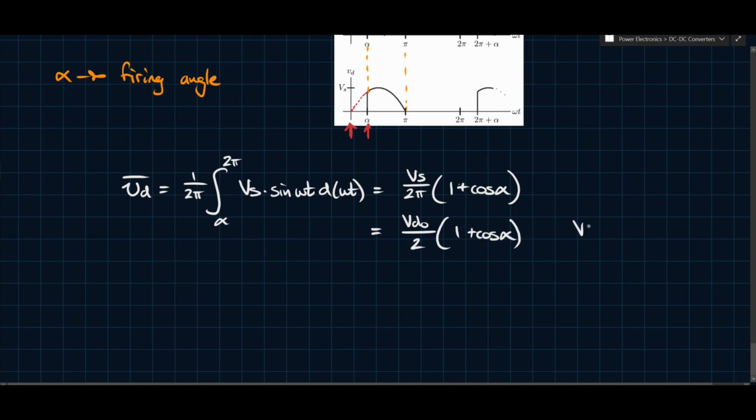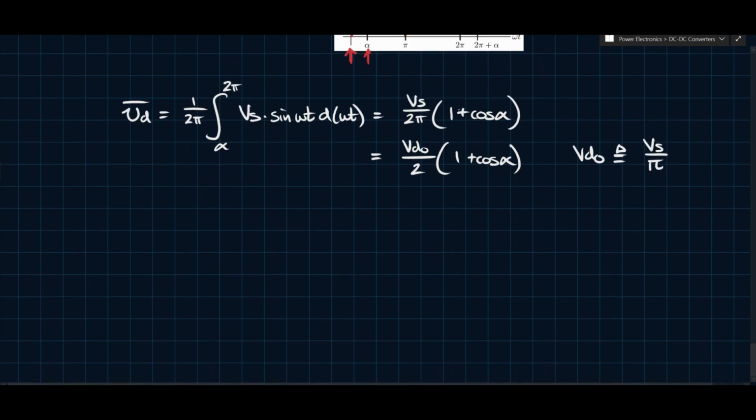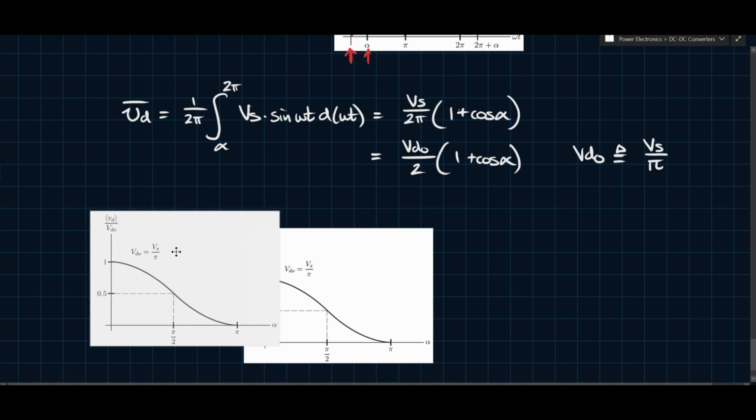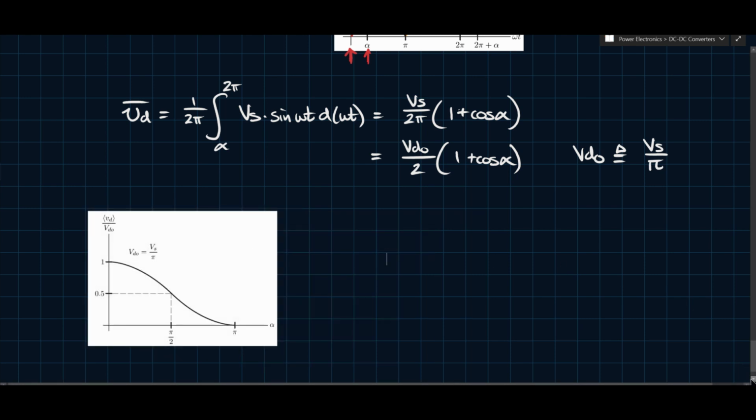And I'm defining VD naught as being Vs divided by pi, because that's what the average output of a half-wave rectifier is when you have a diode. Okay, so we have this sort of, they call it a control characteristic, of how the output varies relative to the diode case.